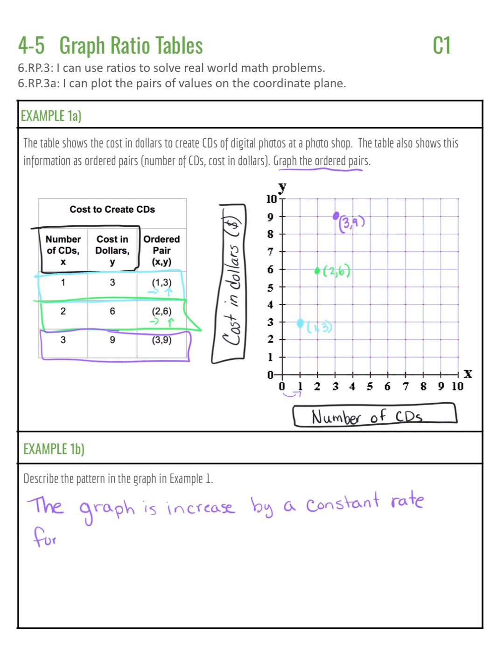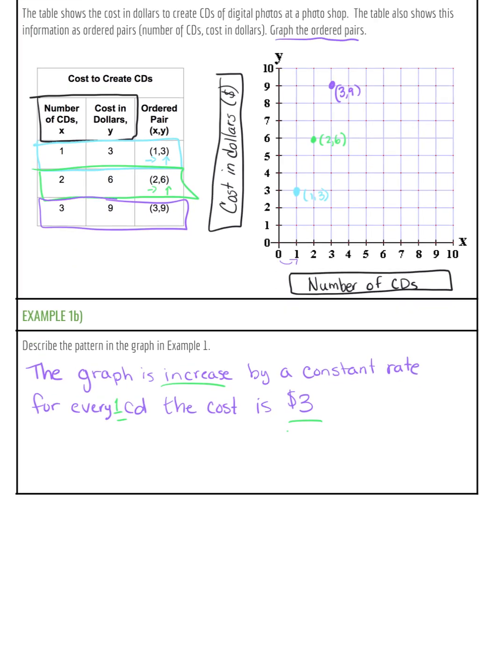For every CD, the cost is $3. Okay, so the important words that you definitely need in there is that it should be increasing, right? And then basically that it's going up 3 over 1 or something about this. For every 1 CD, it's $3. Okay, that's describing the pattern in the graph.